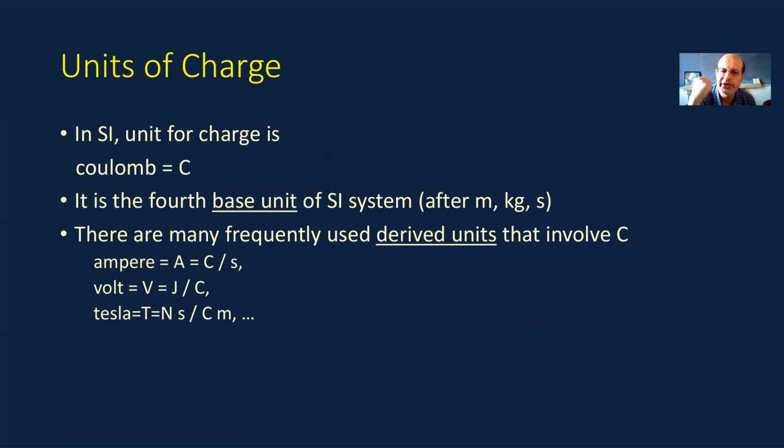Sometimes we use the word coupling constant to describe it. The unit is coulombs. In SI units, this is the fourth base unit of the SI system, after kilogram, meters, and seconds. So this is one of the fundamental units. In the SI system there are 3 more units, but these are completely unnecessary.